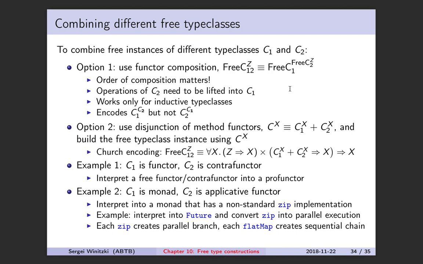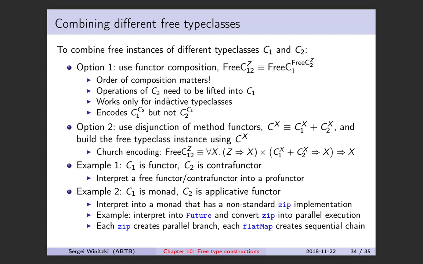There are disadvantages in doing this. One big disadvantage is that the order of composition actually matters in terms of what semantics I get. If these type classes return effects, then the effects are combined and nested in this order and not in the opposite order.